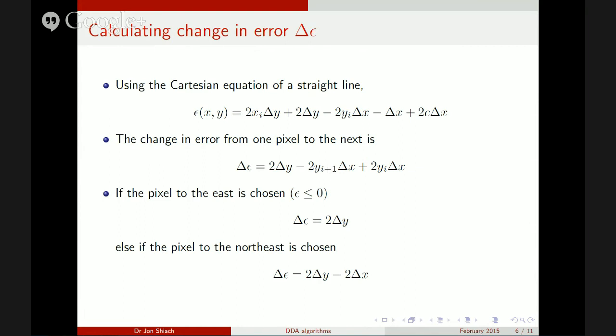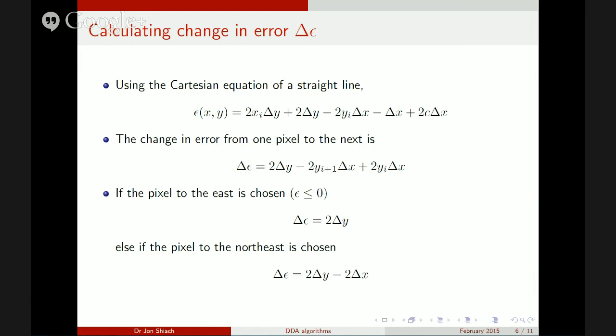And all I'm going to do is rearrange that so I've got a nice expression. If I multiply everything by delta x, just to get rid of the fraction, I've got epsilon delta x is equal to 2xi delta y, plus 2 delta y, plus 2c delta x, minus 2yi delta x, minus delta x.